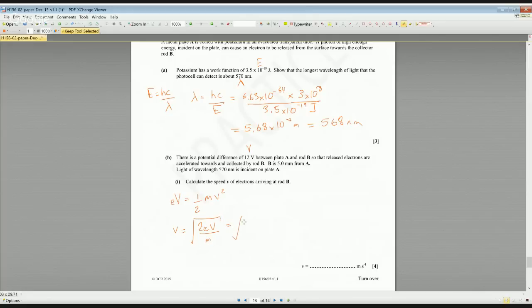So that's going to be 1.6 times 10 to the minus 19 from your formula sheet, the charge on an electron, multiplied by 12 volts. Divide that by the mass of an electron. Again, this is on your data sheet, 9.1 times 10 to the minus 31. And that gives us 2.05 times 10 to the power of 6 meters per second.